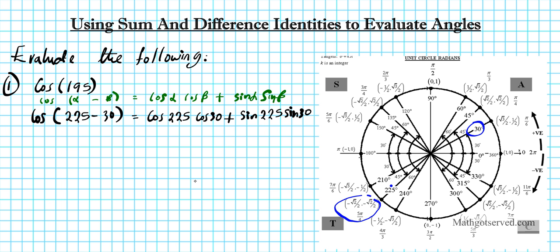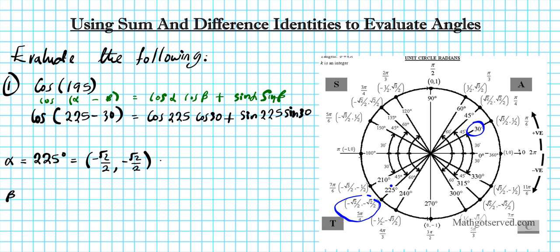Now, what are the values of these angles? Well, let's make use of our unit circle ratios. Alpha is 225 degrees, and the coordinates for 225 are negative root 2 over 2 for the x coordinate, and negative root 2 over 2 for the y coordinate.